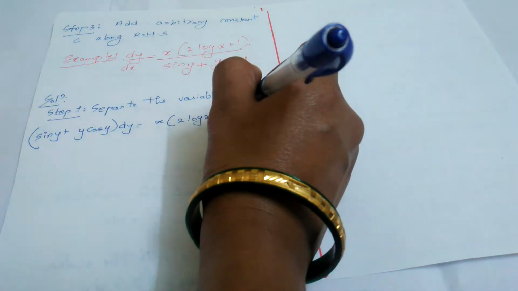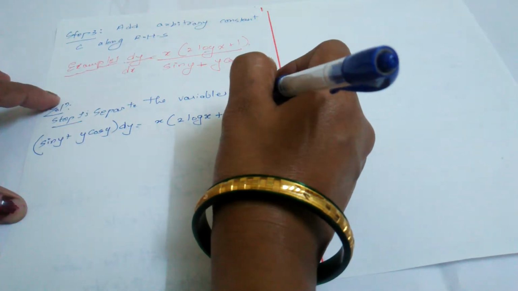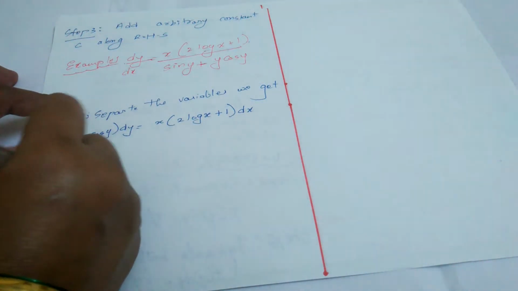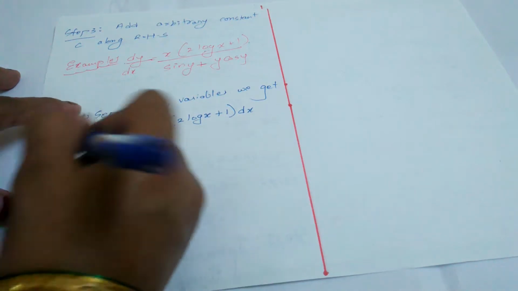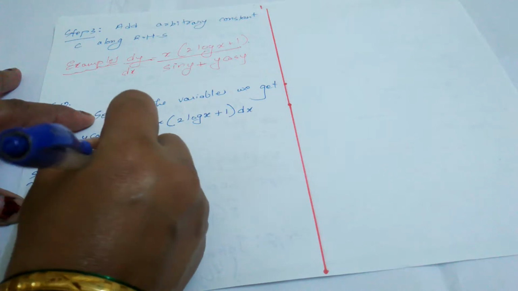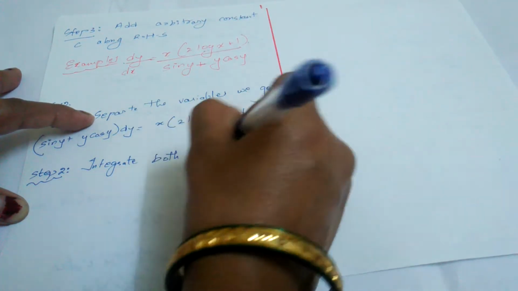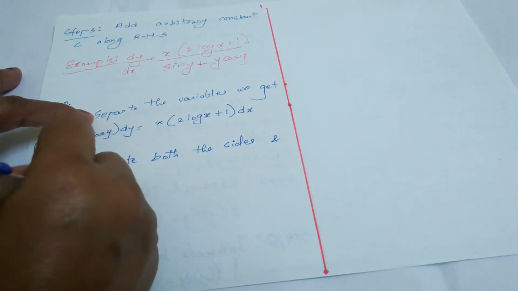My step 2 is integrating both sides, and step 3 I'll add here itself. So integrate both sides and add c.